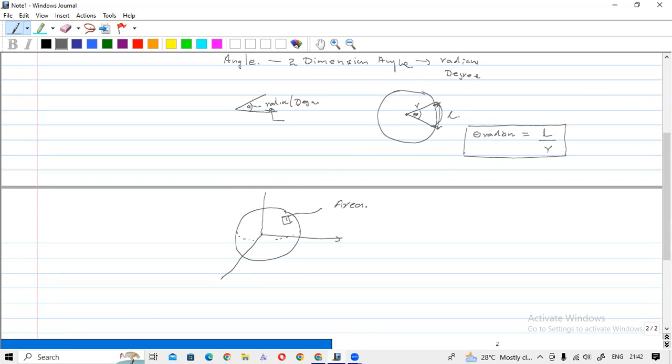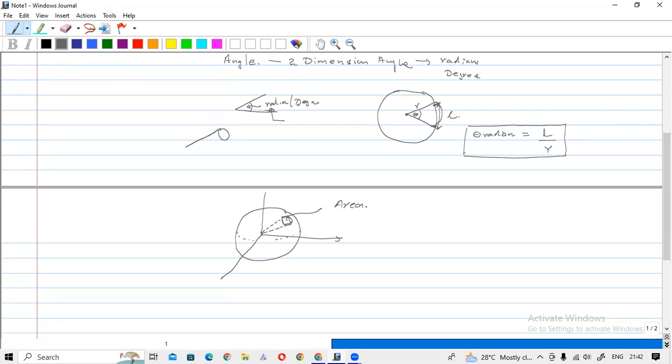So if you select an area on this sphere, this is just like a cone. This is the radius and this is the area of the sphere. So you have selected this kind of section, no?